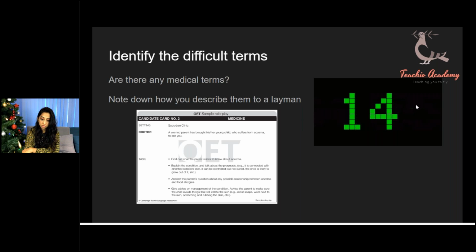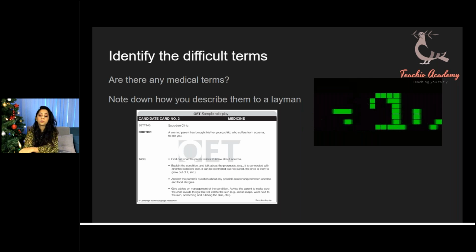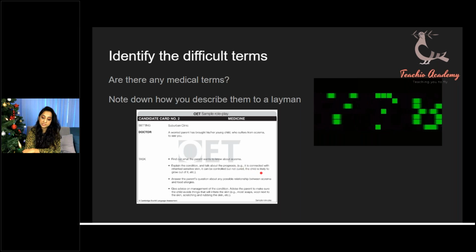So we've got three difficult terms which people agree they would need to describe to the patient, which is eczema. So you'll have to explain what eczema is. The second term is prognosis, very correct. Most people who are not medically trained might not know what prognosis means. So that's excellent. You'll have to talk about prognosis.